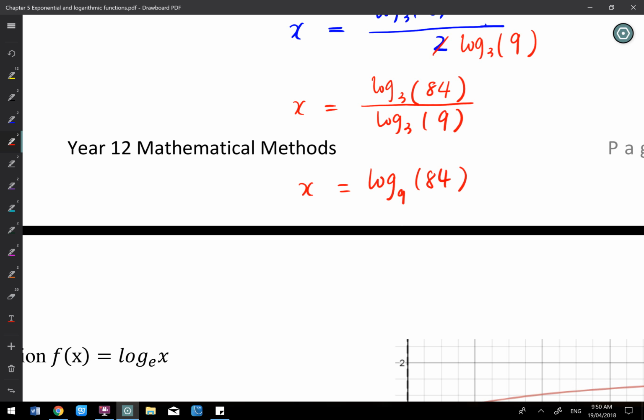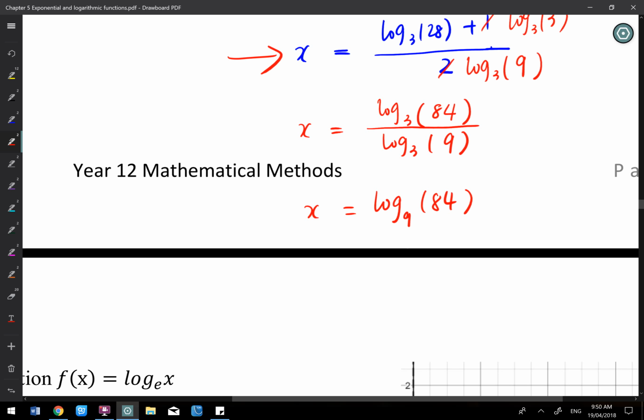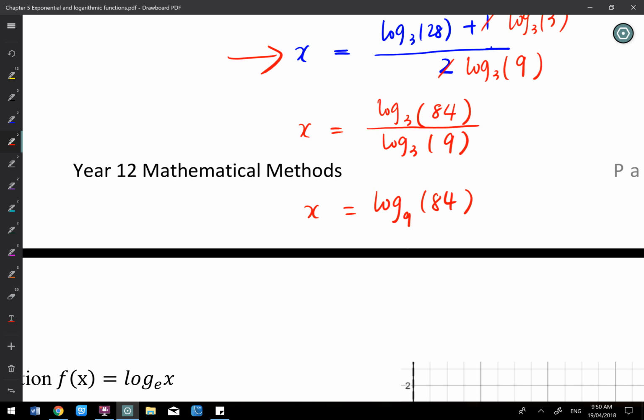Okay, this is log base 9 of 84. I can change the base to base 3, and then that becomes log base 3 of 84 divided by log base 3 of 9. So now I can use it reversely, make it log base 9 of 84. But it's totally not necessary. I can just keep my answer as this step. What I'm doing here is just showing you how all the log formulas can be used.